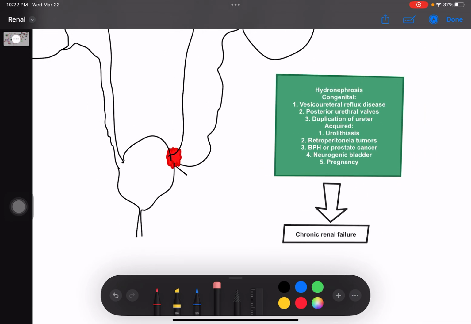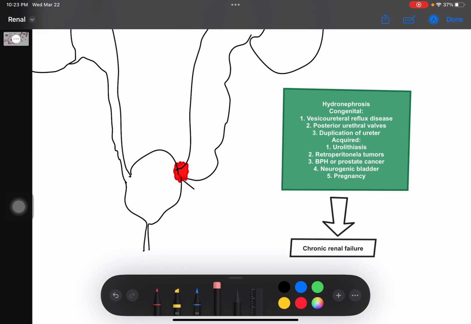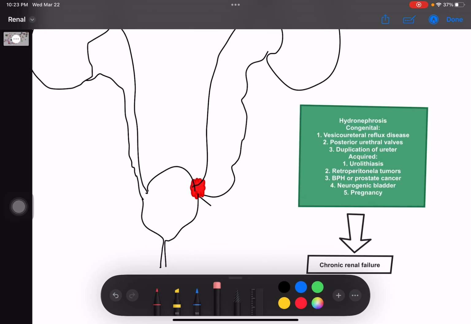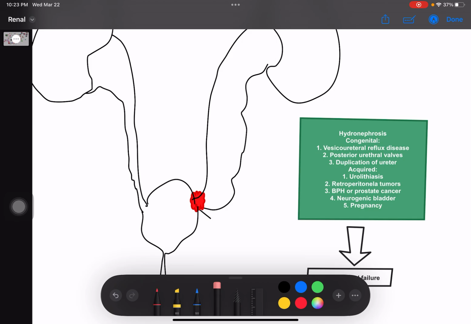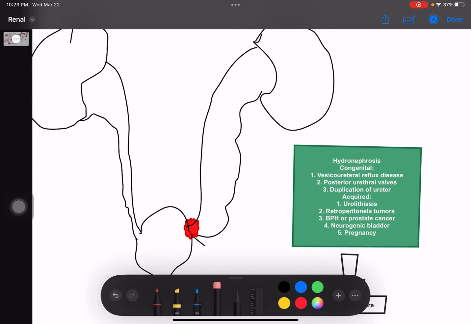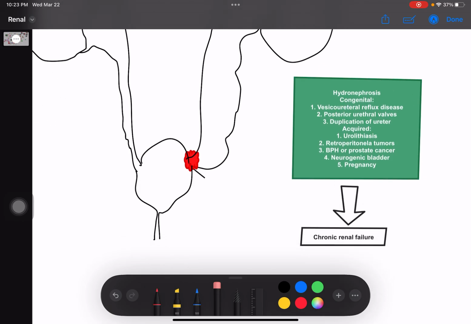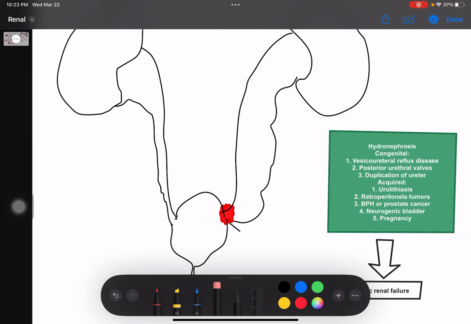So this will probably lead to chronic renal failure, and as I said, it can be bilateral or unilateral. If there's a unilateral, it's usually asymptomatic, and it's more problematic because one kidney is probably going to progress to chronic renal failure without being noticed.